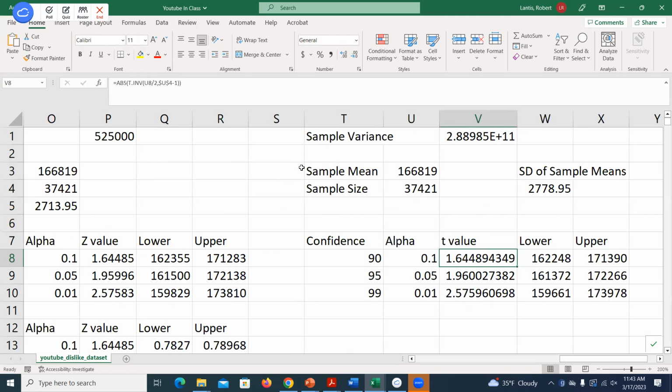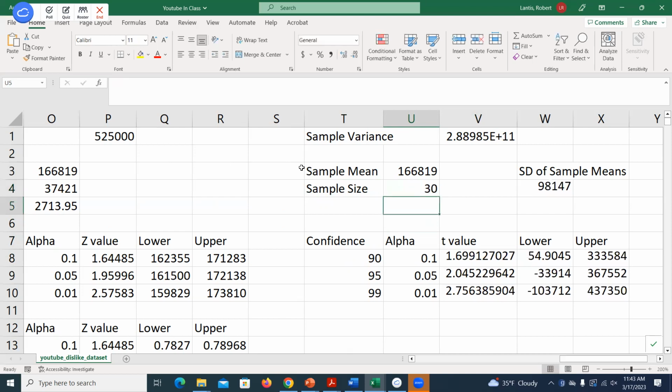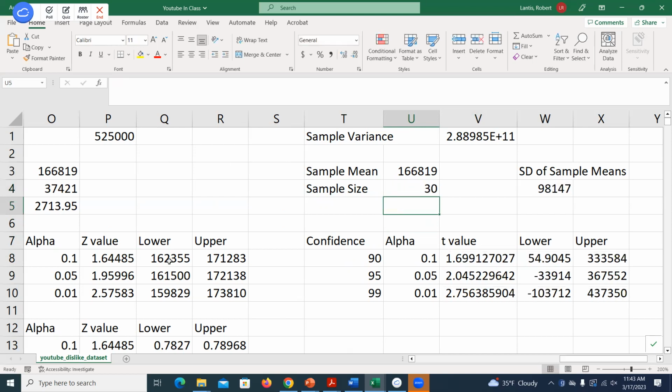But what I want to highlight is, let's say instead of 37,000, I only had 30 as my sample size. Well, what's going to happen? That means I'm going to have a much more spread out student t-distribution, which means the number of standard deviations I need to go to the left and the right are going to be quite a bit different than the standard normal values. So if I hit enter here, sure enough, instead of 1.6448, we're at 1.699, right?